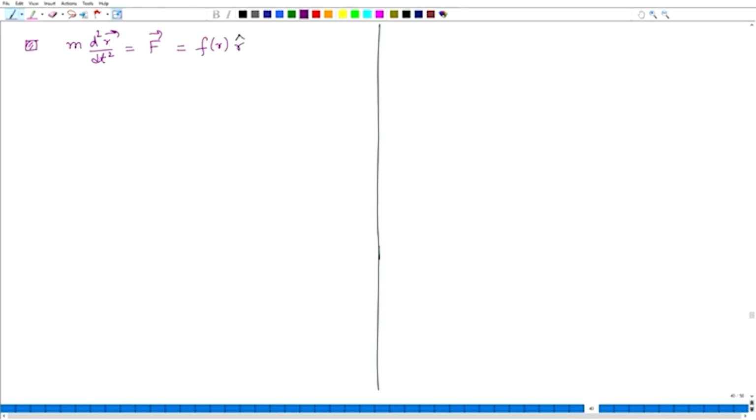Since this is the total acceleration vector, from my knowledge of this 2D motion under a central force, this acceleration will also be in a 2D plane. So, I can write the whole acceleration as a_r r cap plus a_theta theta cap.